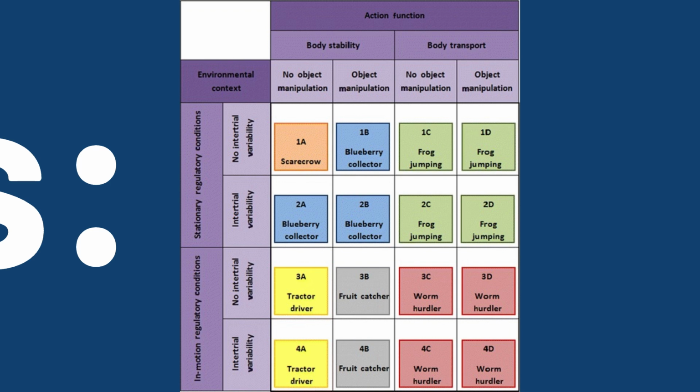On the top here, you see it says body stability or body transport, and those are action functions. Or we can think about environmental contexts over on the left. So basically, is there intertrial variability or is there no intertrial variability? And then are these in motion regulatory conditions or stationary conditions?